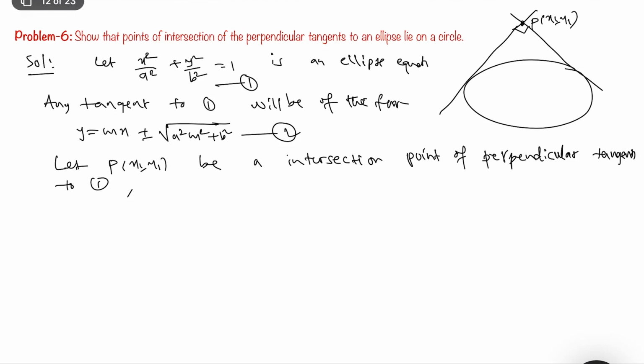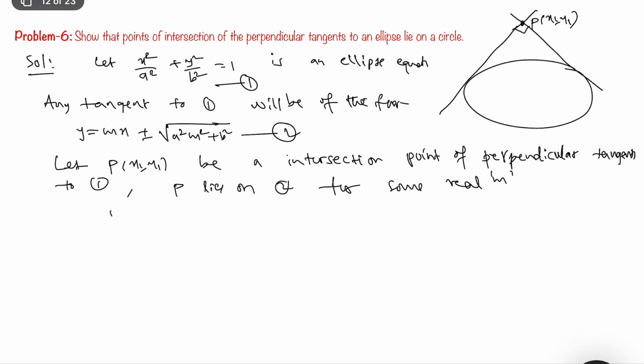Then this point (x1, y1) must lie on 2 for some real value of m. So P lies on 2 for some real m.